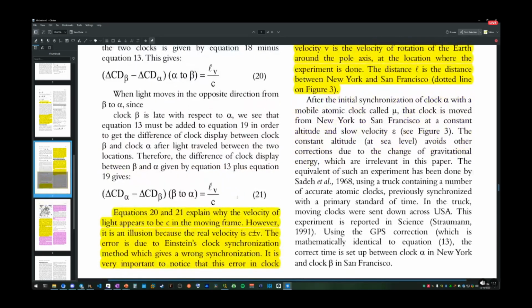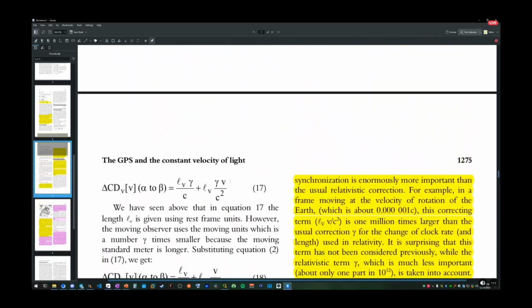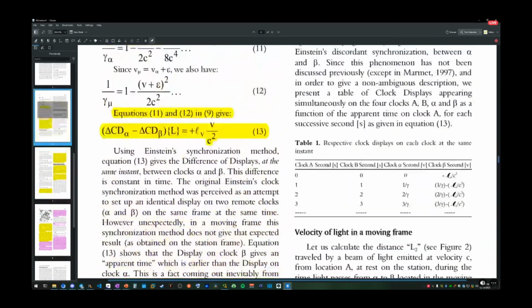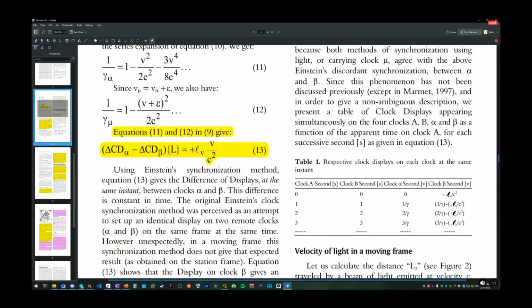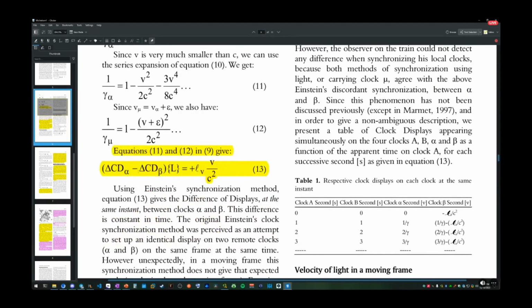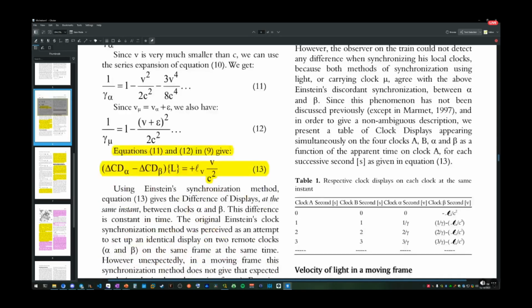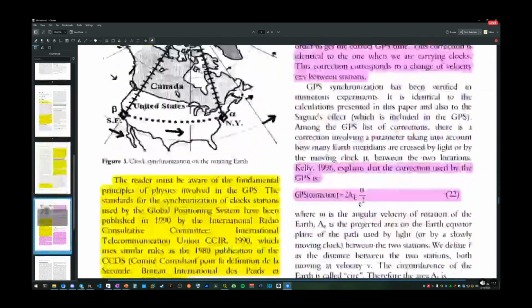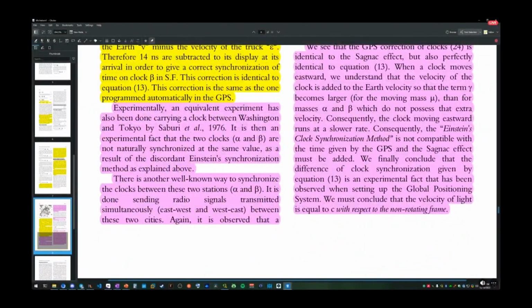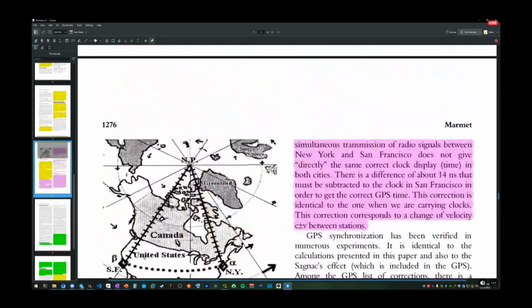It basically goes back to equation 13, which is just accounting for the Sagnac effect. It's just a classical equation disguised as a relativistic equation. A large portion of the clock synchronization discussion was on that, and then he goes into detail.